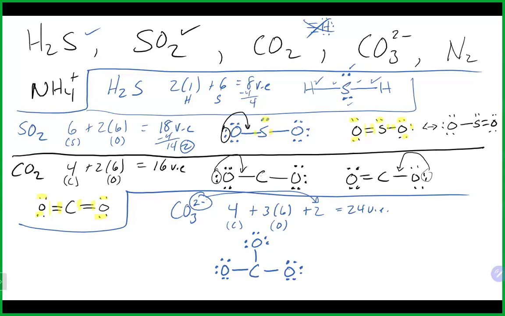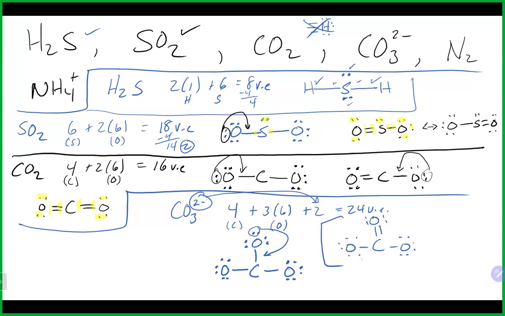Is everybody good in this case? No, the carbon in the middle is short, right? Again, the carbon in the middle has only 6. Once again, we're going to double bond at any of those oxygens, and that would get us a double bonded oxygen there, single bonded there, and a single bonded there.